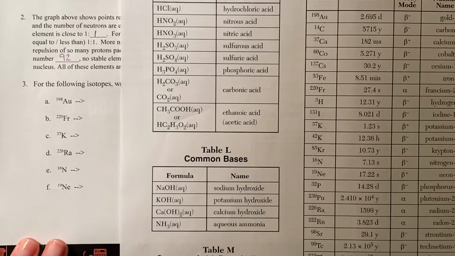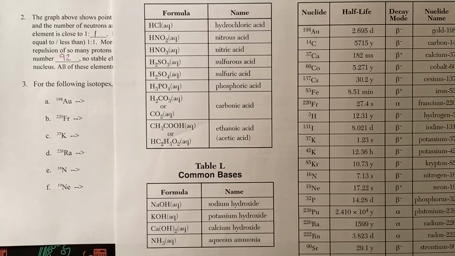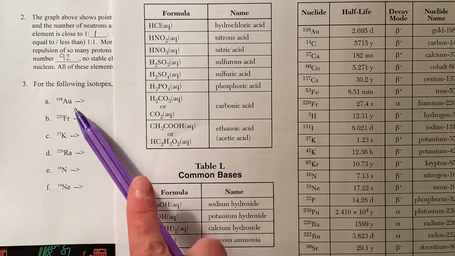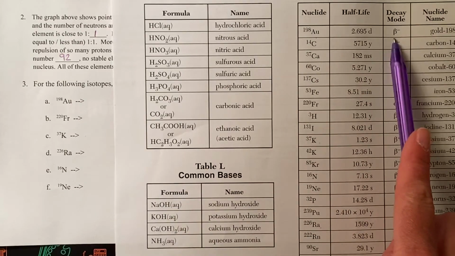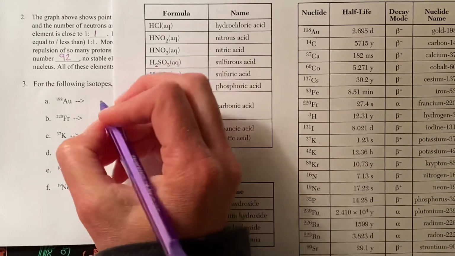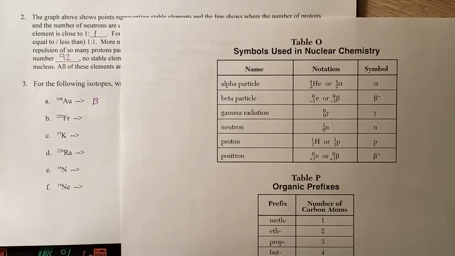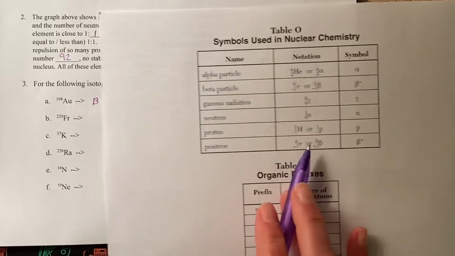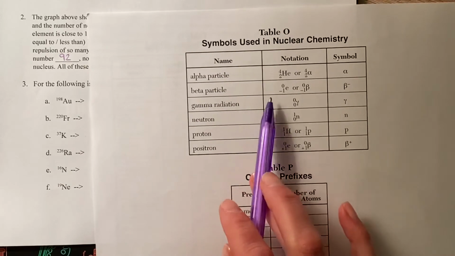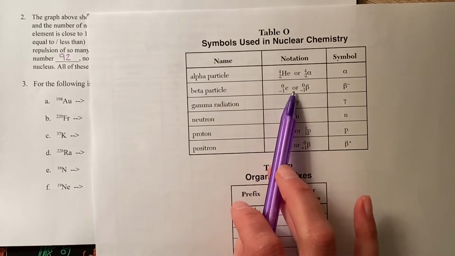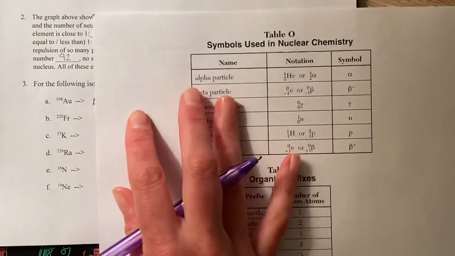All right, so the first thing I'm going to do is write down the particle. So Au198 releases a beta particle. So I'm going to put that beta particle. Now, if you remember, I need masses and charges. So beta, second one on the list, mass of 0, -1 charge.